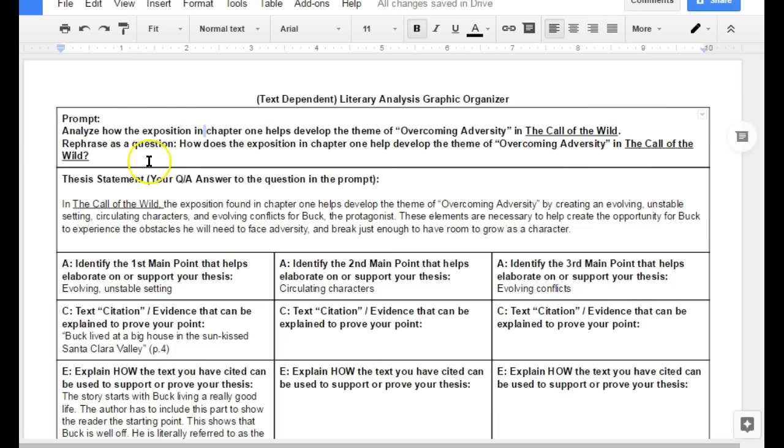To write down the prompt, if we didn't already, rephrase it as a question. Come up with your own thesis statement. It can be similar to mine. In fact, if you already spent time with me from periods 2 and 3, this is my 3rd incarnation of this thesis.